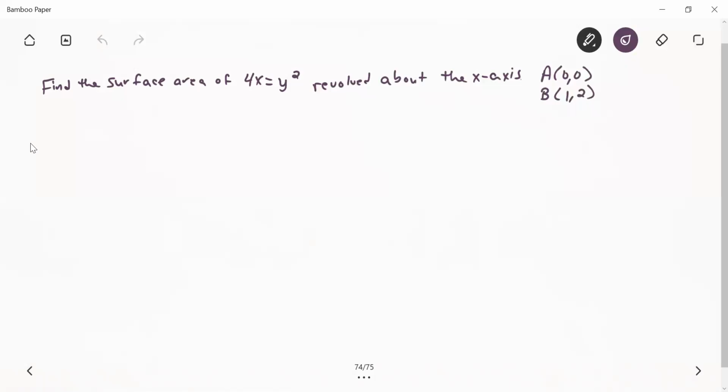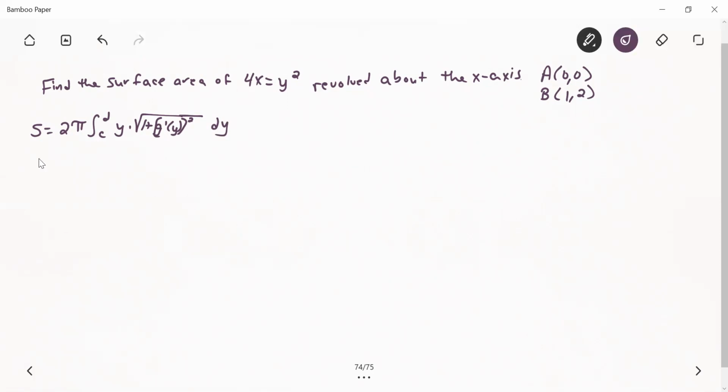So again, this is surface area equals 2 pi from c up to d of y times the square root of 1 plus g prime of y, quantity squared, dy. This is when our x is isolated.